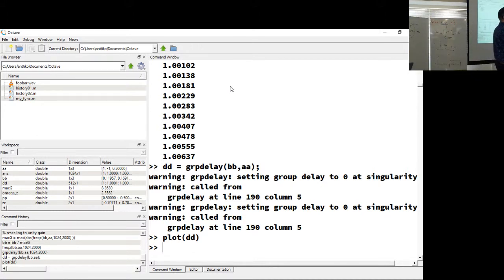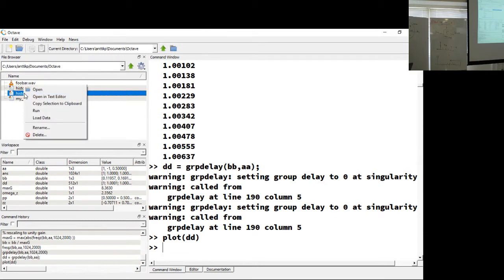I will continue now with the spectrum analysis, since that's quite simple also. I'll just go and take yesterday's file first, let's see, open.